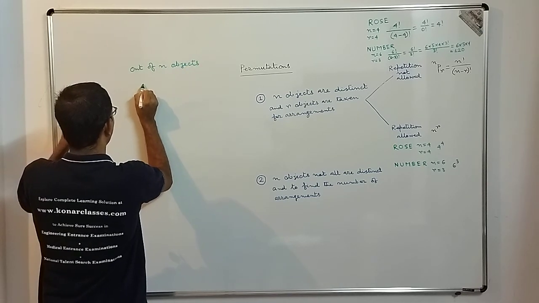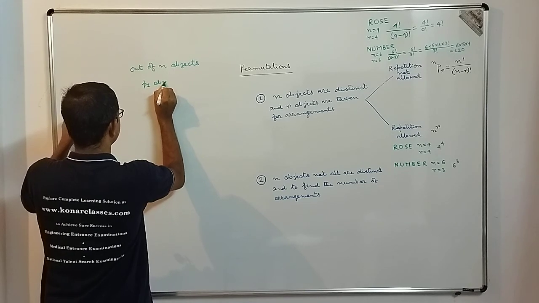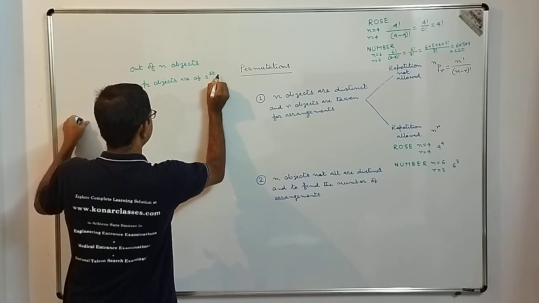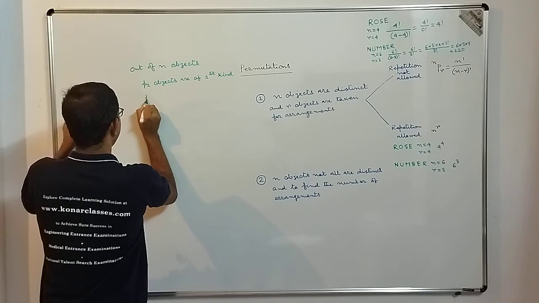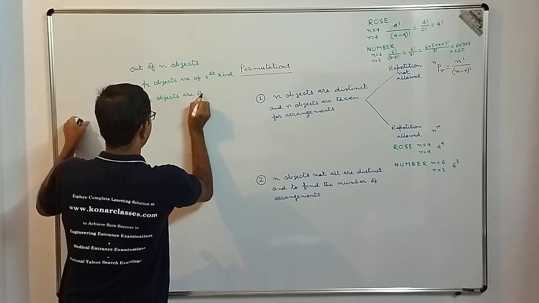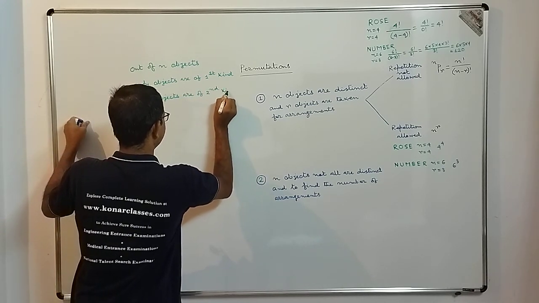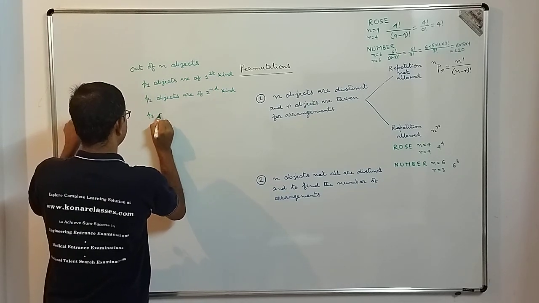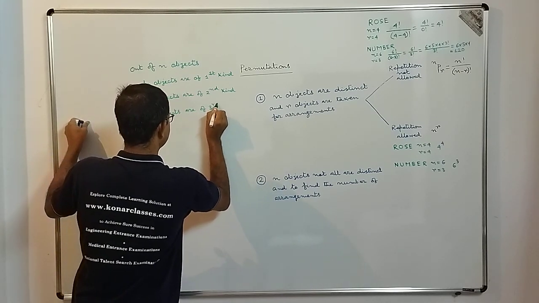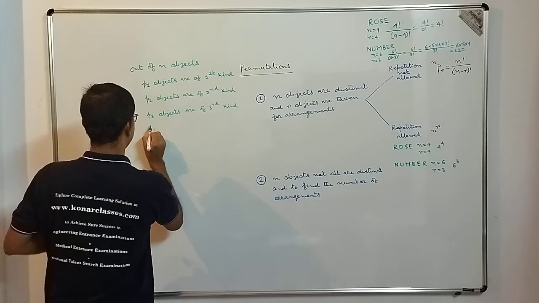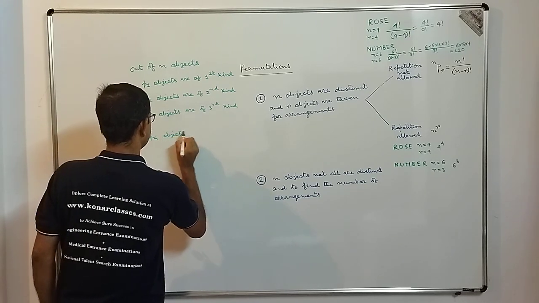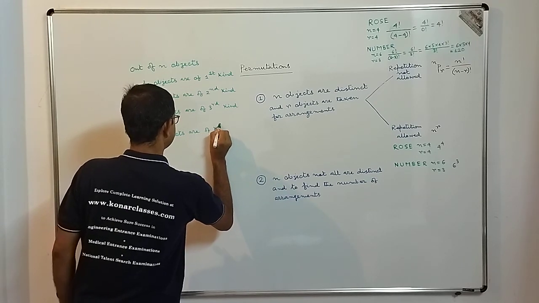there are p1 objects of first kind, p2 objects of second kind, p3 objects of third kind, and in a similar manner, if we proceed, we get pk objects of kth kind.